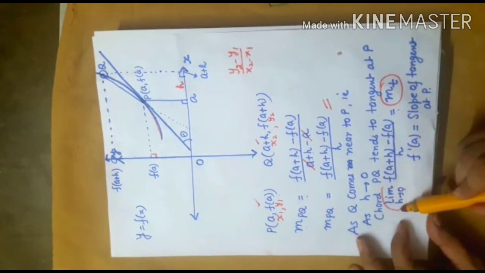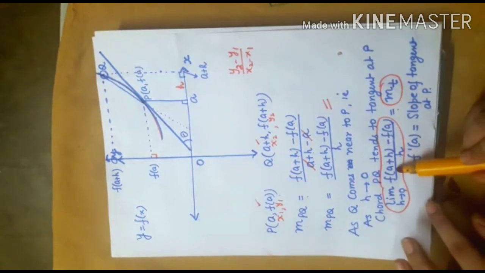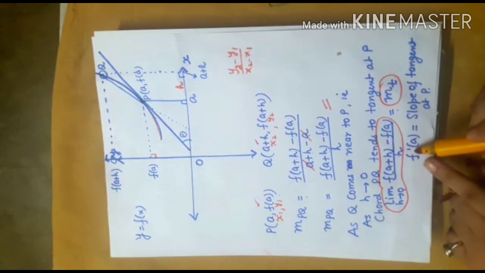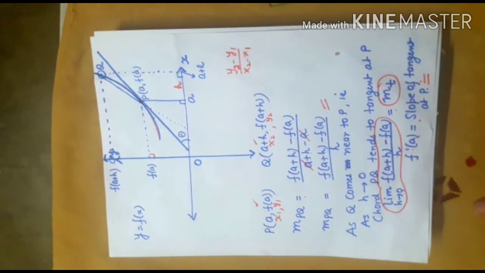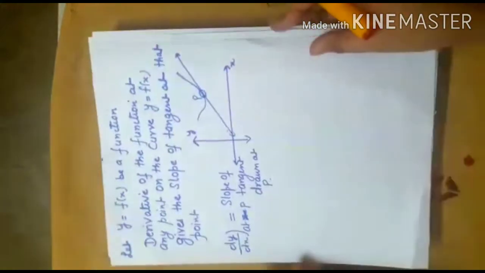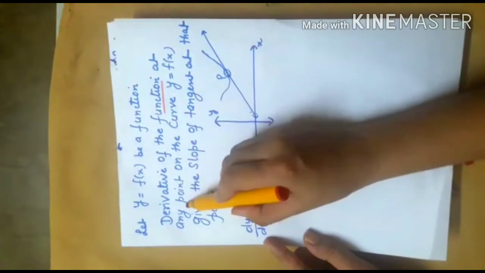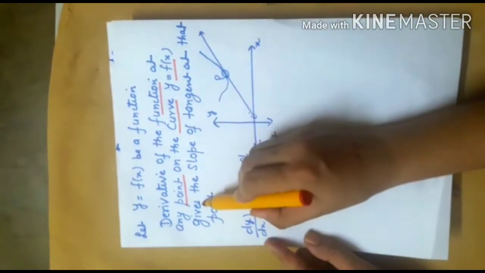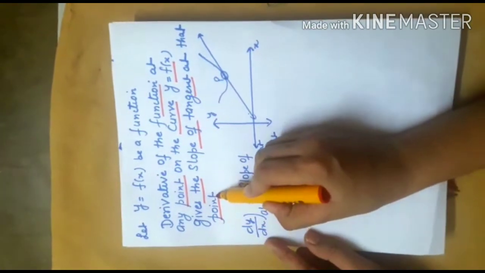And yes, in class 11th, this is the derivative of the function at the point a. So, f dash a is equal to the slope of the tangent at the point P. So, remember this. The derivative of the function at any point on the curve y equal to f(x) gives the slope of the tangent at that point.